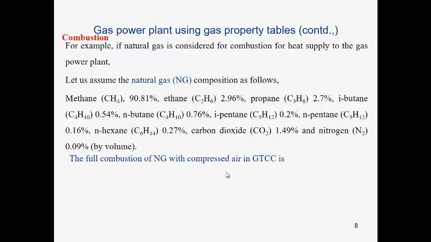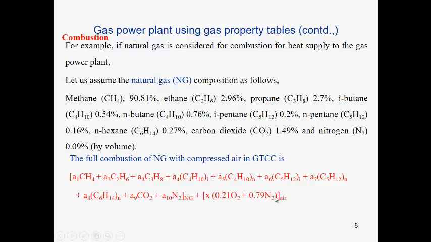The reaction equation for the combustion chamber is natural gas, this is the natural gas, and air x into 0.21 O2 plus 0.79 N2, where x is the kg moles of air. After combustion, the resultant products are CO2, H2O, O2, and N2.